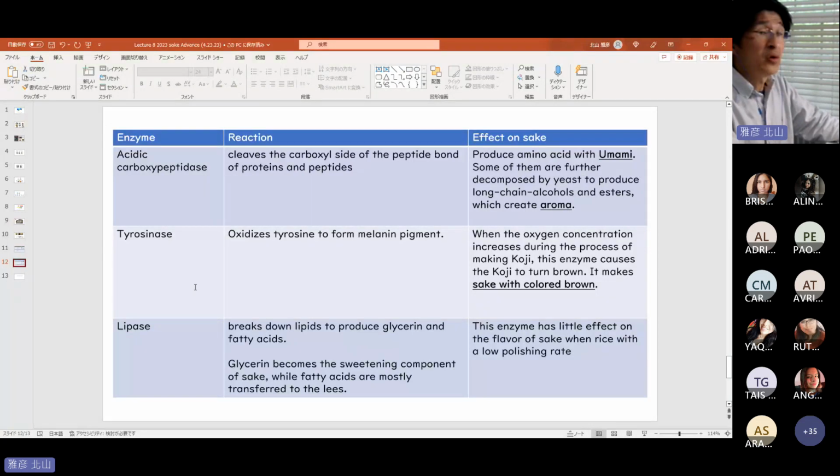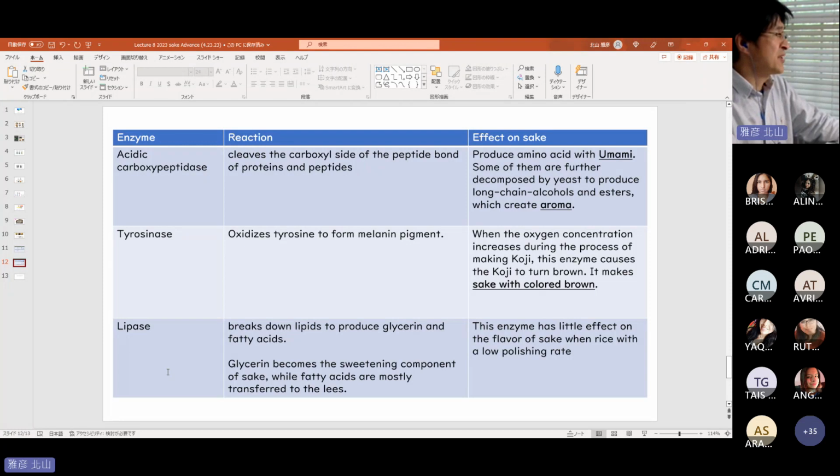If koji fungi has high activity of tyrosinase, the sake will be colored brown, so not very good for sake. So we had better choose koji fungi with low activity of tyrosinase, and the sake will not have much color.